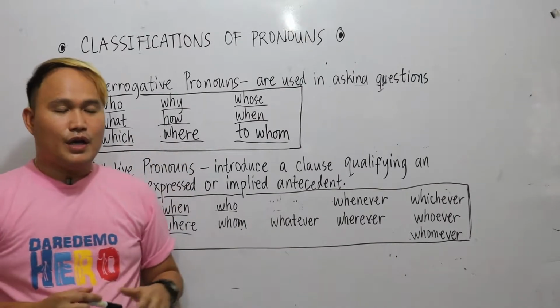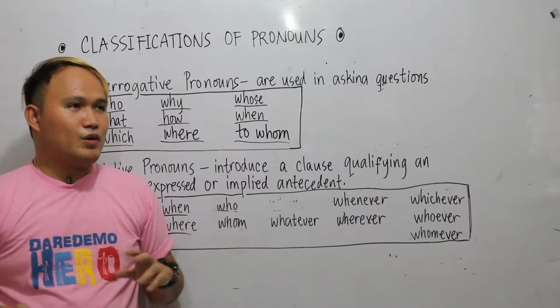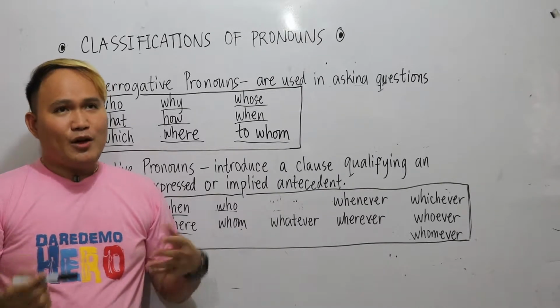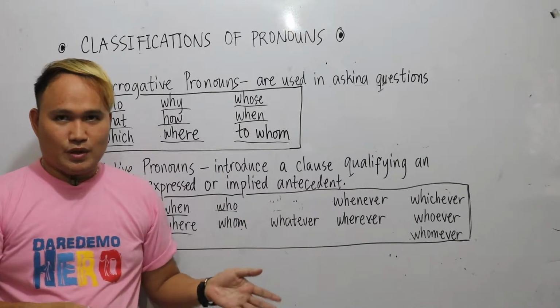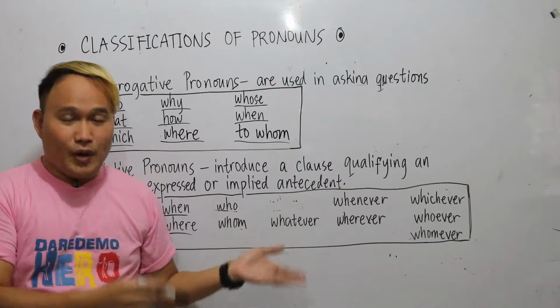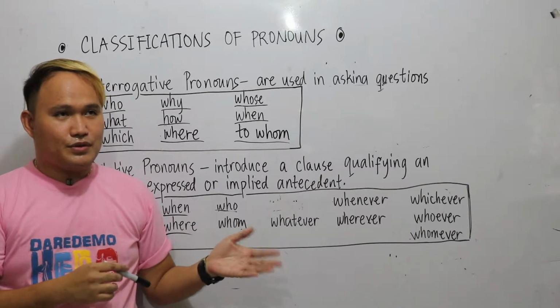Next, how. You use how if you want to know the procedures or in what manner. For example, how did you know that I graduated from this school? So you want to know in what way you knew.